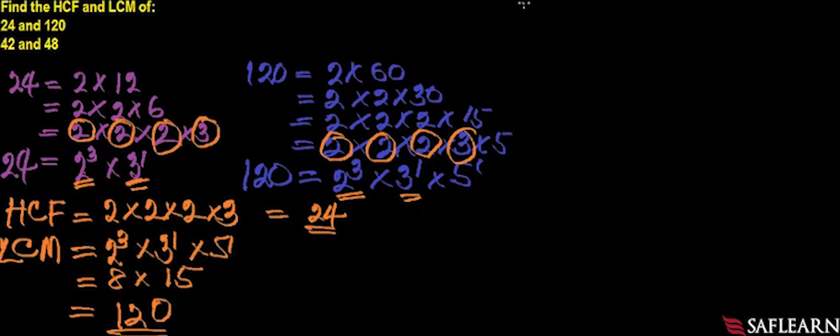So first, 42 is equal to 2 times 21, trying to achieve 42 as a product of prime factors, and then this is 2 times 3 times 7.